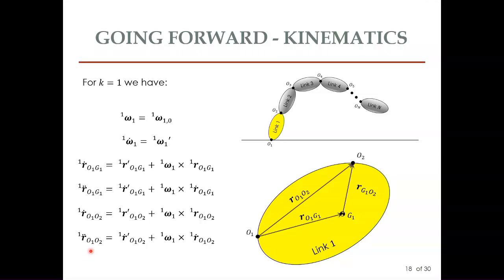So I will use it later when I need it: when k equals 2, R0102 double dot will be here, already calculated. All right?